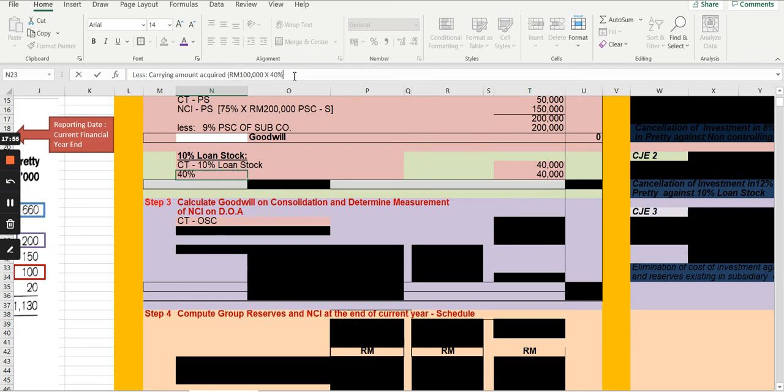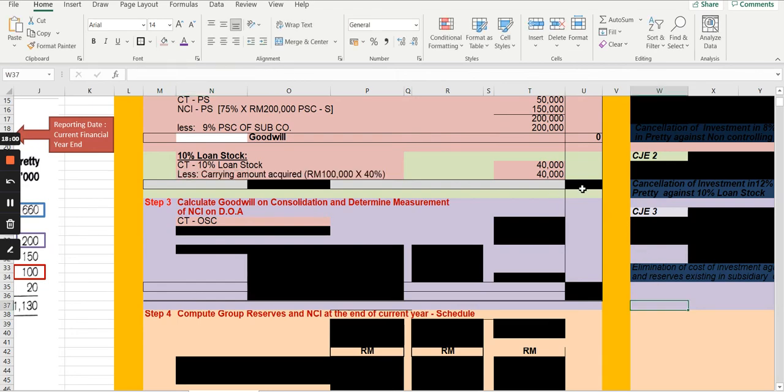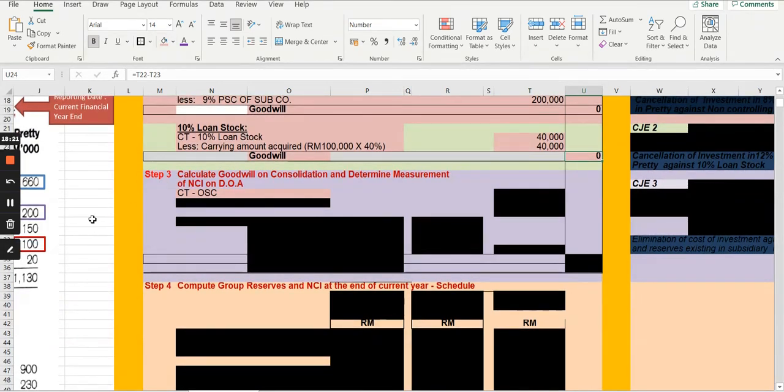With that, you will get 40,000. If you compare these two, you would see that again there is no goodwill, as I mentioned earlier in my explanation, that the acquisition of debenture will normally not involve any goodwill. So there is none. You are done with that.